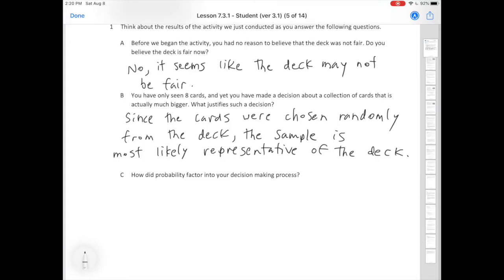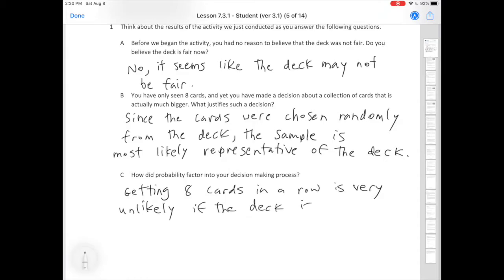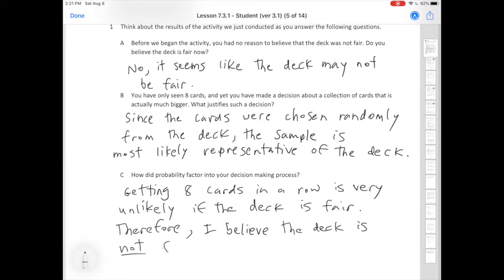So let's just say getting 8 cards in a row is very unlikely if the deck is fair. Therefore, I believe the deck is not fair. Okay?